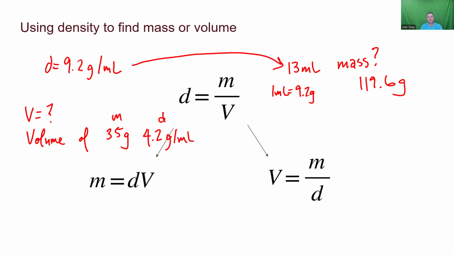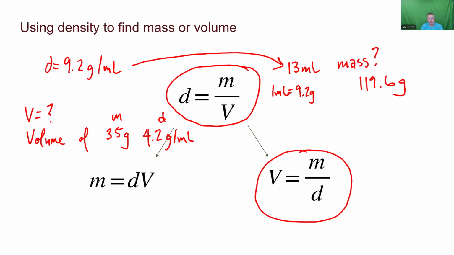Well, to answer that, you have to manipulate this equation, D equals M over V, and rearrange it to be V equals M over D. Okay, so M is 35 divided by 4.2. Okay, so 35 divided by 4.2, you get 8.33. What's the volume? Well, or the units, I'm sorry. The units are going to be milliliters.